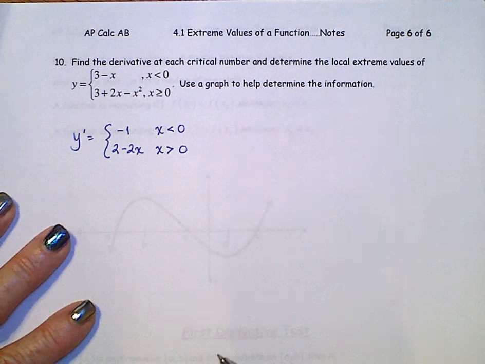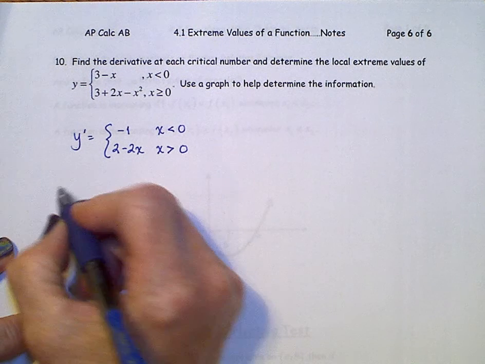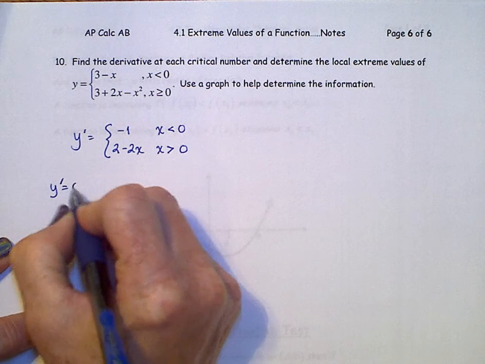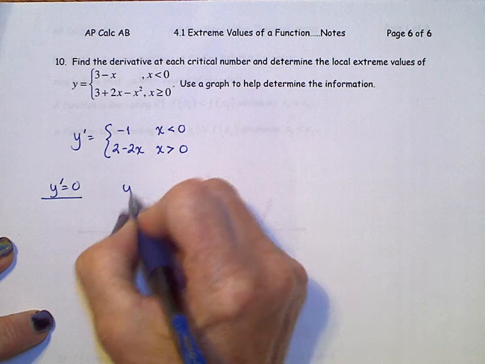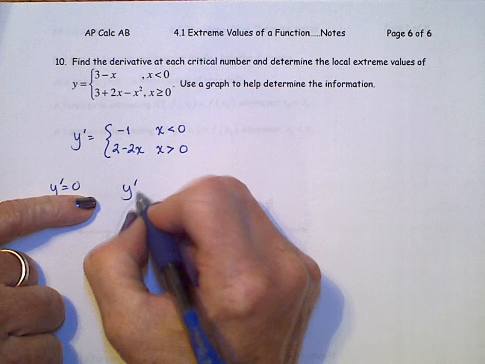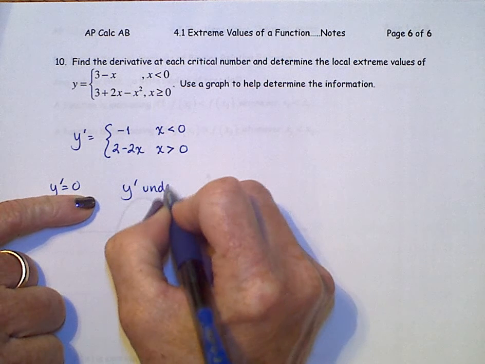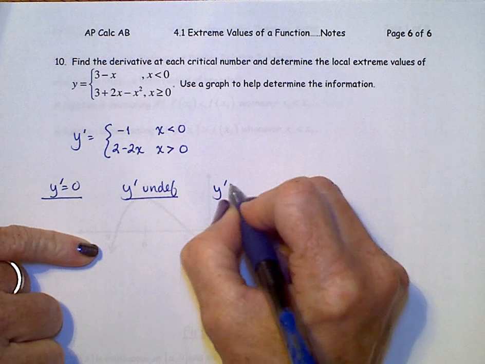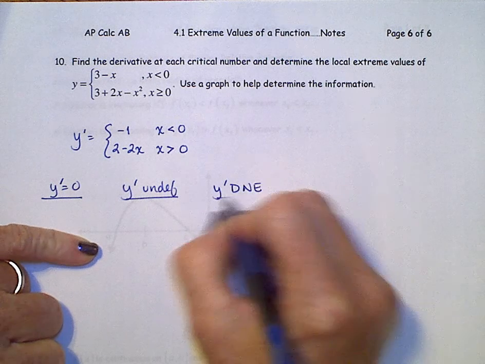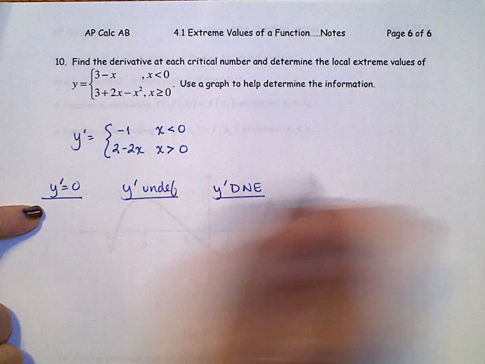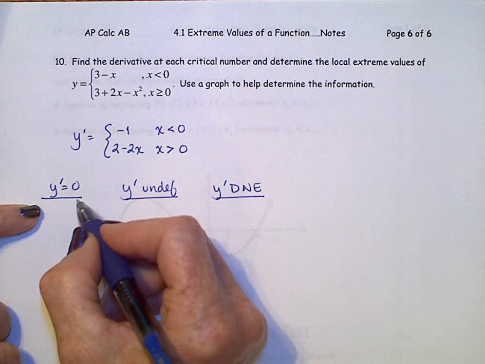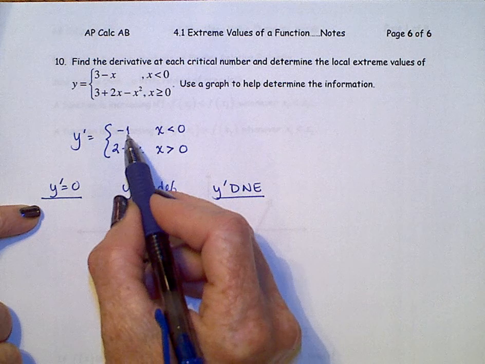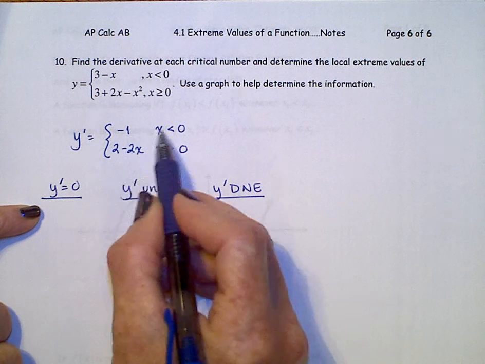So once we have this, then let's set up y prime equals 0, or y prime is undefined, or y prime does not exist. All right, for y prime to equal 0, that means that this piece should equal 0. Could this piece ever equal 0?